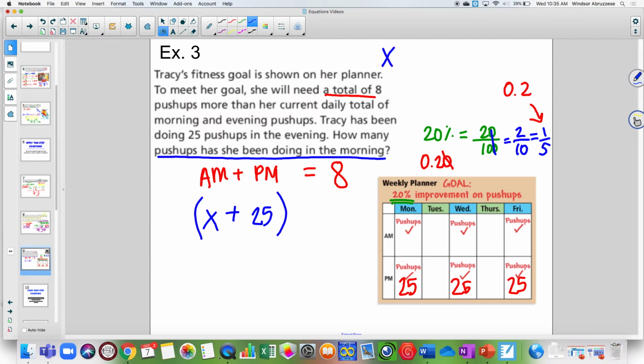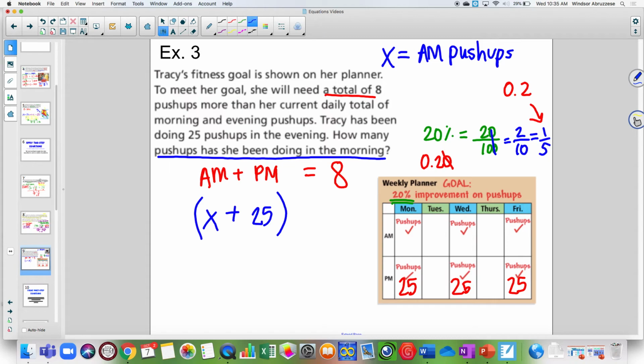So I'm going to write X equals AM push-ups. Okay, we need to define the variable. We don't know how many push-ups she does in the morning. We do know that she does 25 in the evening, and she wants 8 more than her current daily total.